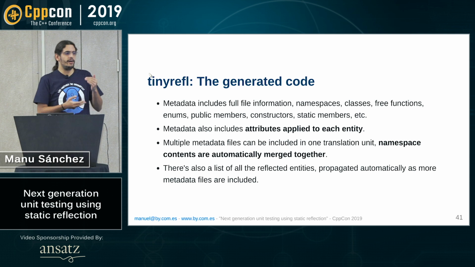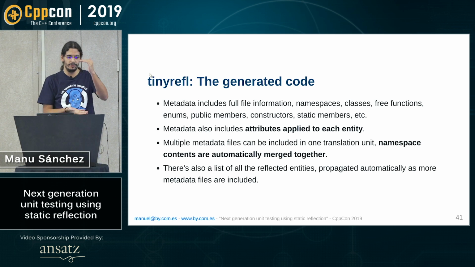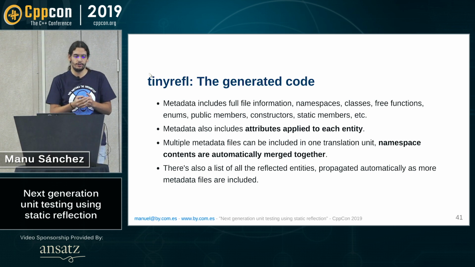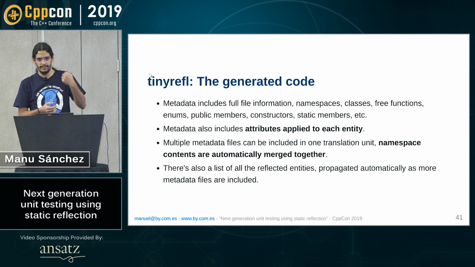Multiple metadata files can be included sequentially in the translation unit and everything is merged together. So if you have two files using namespace A, you will find in the reflection metadata a namespace A with the contents of both files, okay?